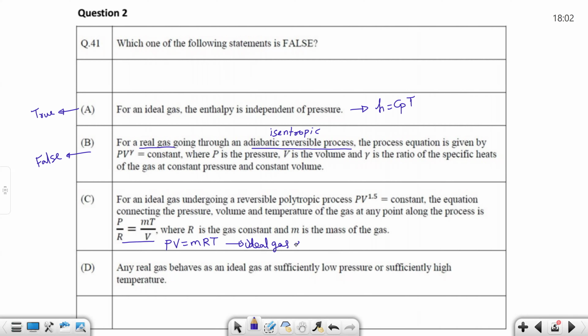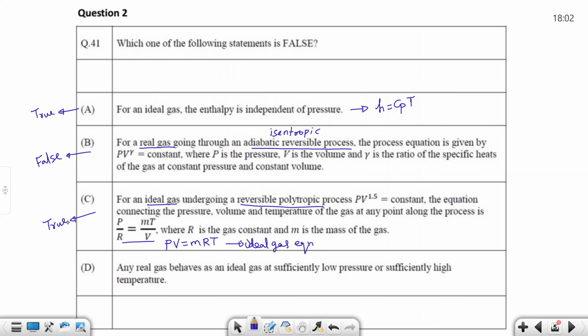The ideal gas equation is also valid at any point because it is an ideal gas undergoing a reversible polytropic process. So PV equals mRT is valid for an ideal gas. So this is also true.